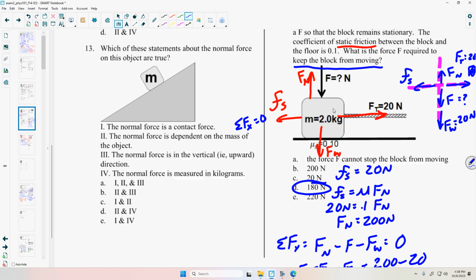What force is required to push down so that it doesn't move? I don't know if it's on your exam, but probably there's some variation of it. The other variation is an object on a vertical wall. Sort of the same problem: what force is required to keep it from sliding down? Very similar problem.